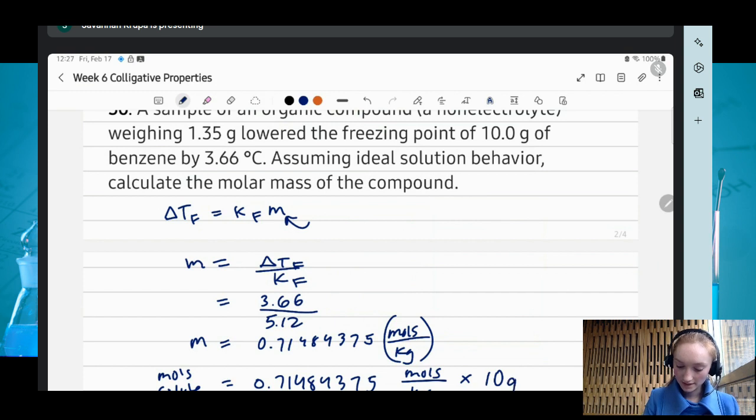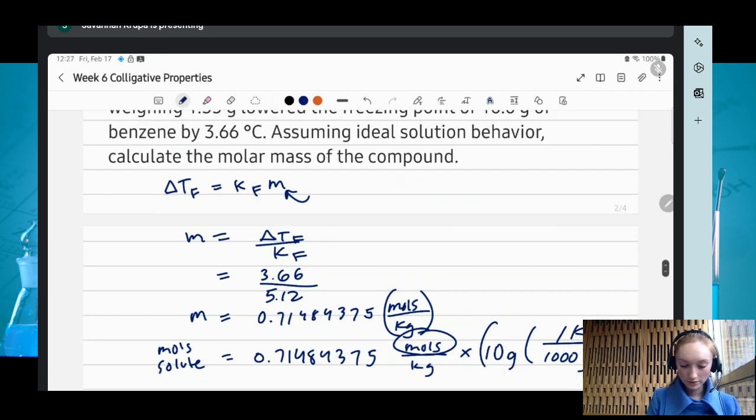But we will need to convert the grams to kilograms, so let's just do that conversion. There's 1,000 grams for every 1 kilogram. So that is how we isolate to moles.